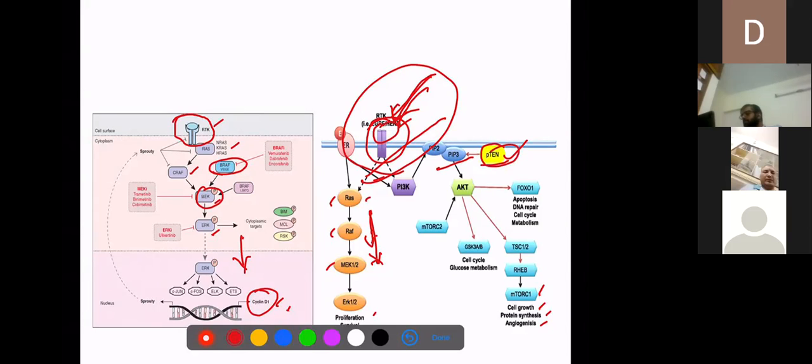So the control over the intermediate downstream pathway is not there, and cells undergo uncontrolled division. So there can be a growth factor alteration, a receptor alteration, or a mutation in any of the downstream genes or proteins. It can be an oncogene or it can be a tumor suppressor gene.